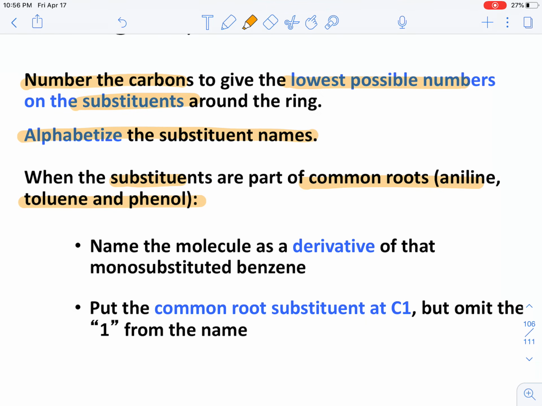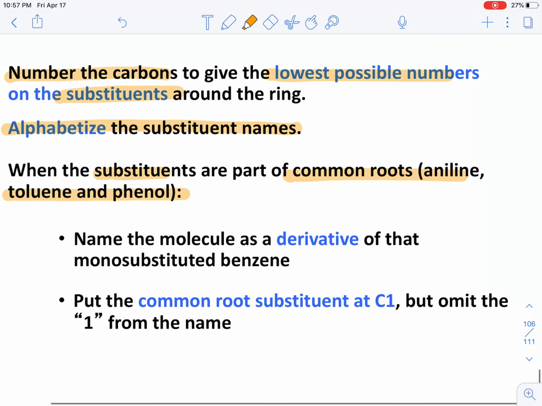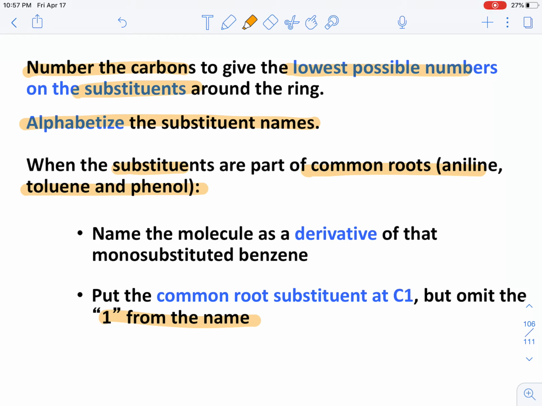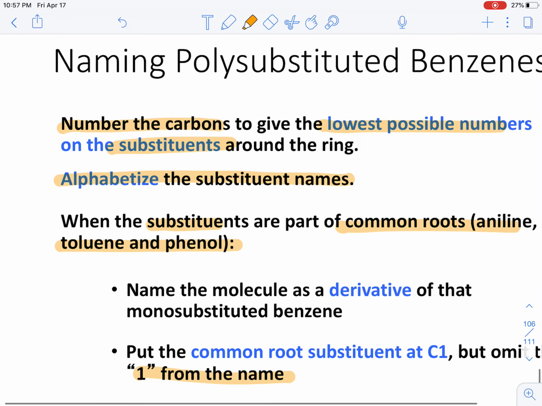And so here we're going to put the common root substituent at carbon 1, but we're going to omit the 1 from the name. If you were to say aniline, we already know that NH2 is carbon number 1, so we don't need to say 1-aniline. We just say aniline and that's it. And we'll go through some examples. Actually, let's do that right now.